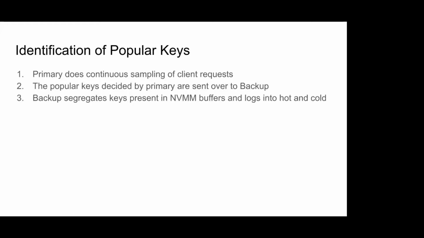The primary node does most of this identification because it is the one fielding client requests. After it has collected a bunch of hot keys, that classification, it sends it to the backup. Backup takes that and segregates all the keys present in the NVMe buffers and even in the SSDs into hot and cold keys.